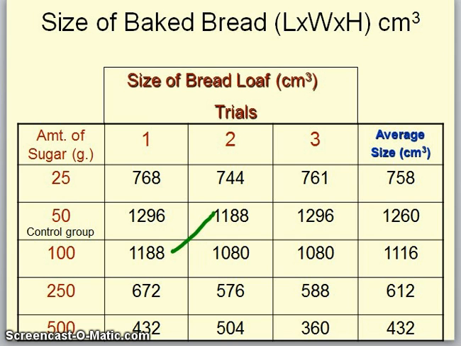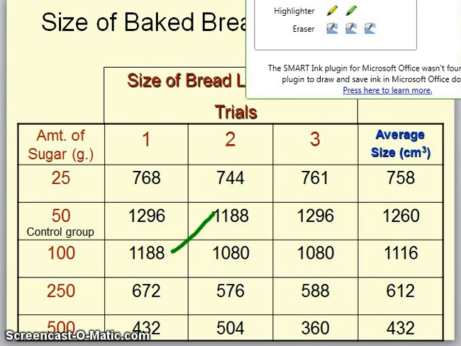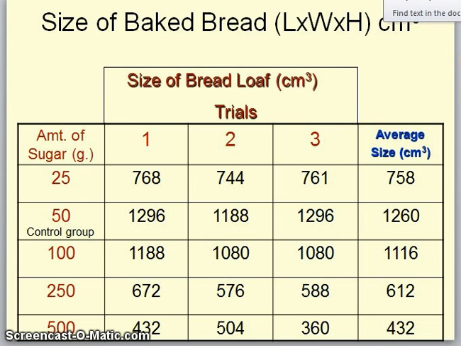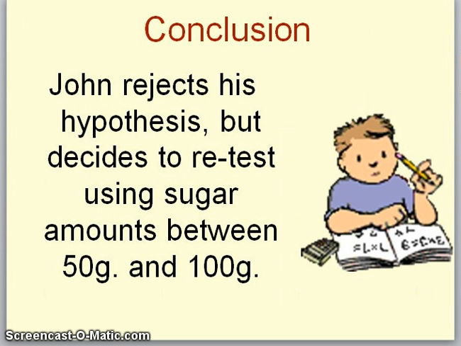So we have to come up with a conclusion with what our data tells us to do. When we look at our conclusion, John has to reject his hypothesis. But he decided to retest using sugar amounts between 50 and 100 grams. So his conclusion is that my hypothesis was incorrect. Increasing the amount of sugar in bread does not increase the size of the bread.